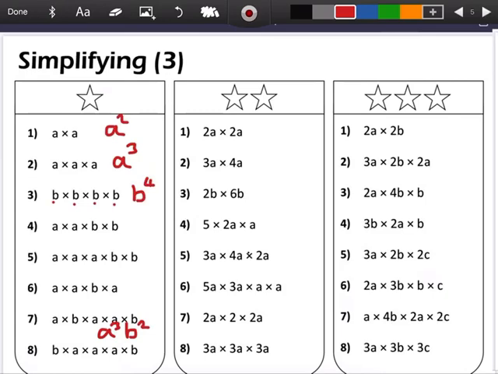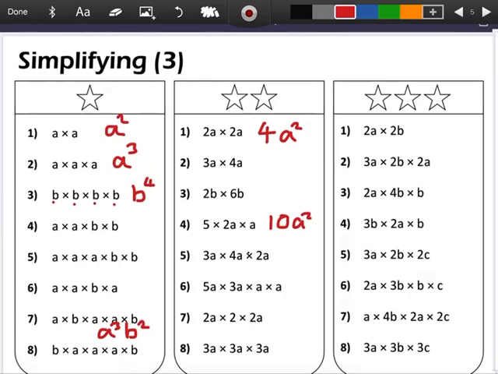If I just pick out a couple from the 2-star questions, 2a times 2a, so 2 times 2 is 4. A times a is a squared, so we get 4a squared. Let's jump to number 4. 5 times 2a times a, so 5 times 2a is 10a. 10a times a becomes 10a squared.